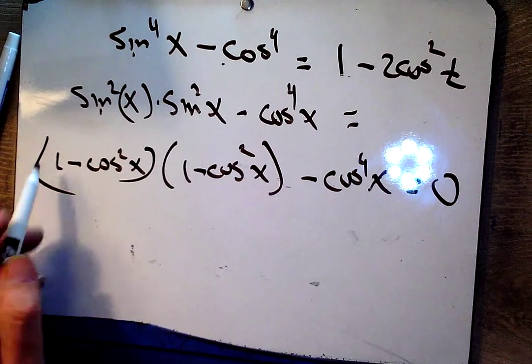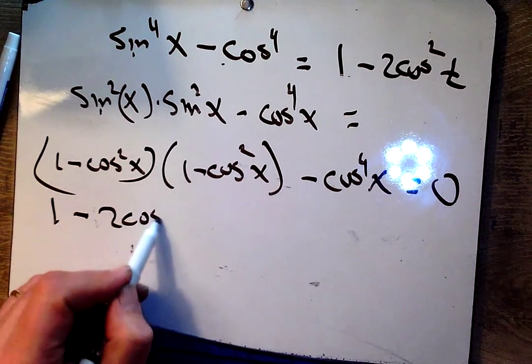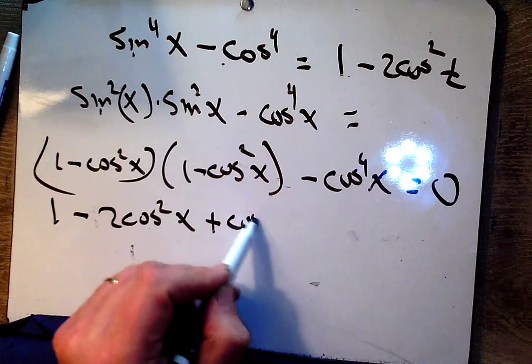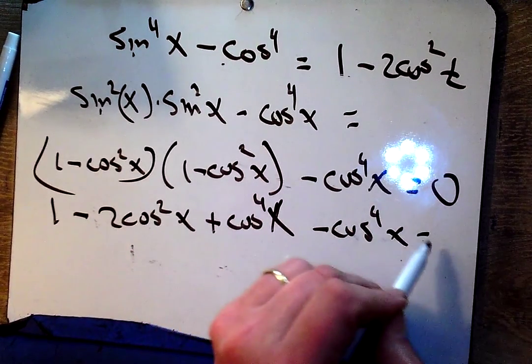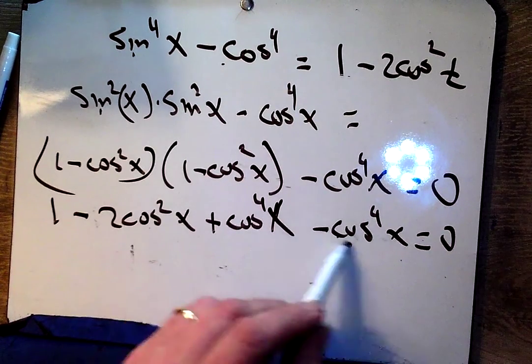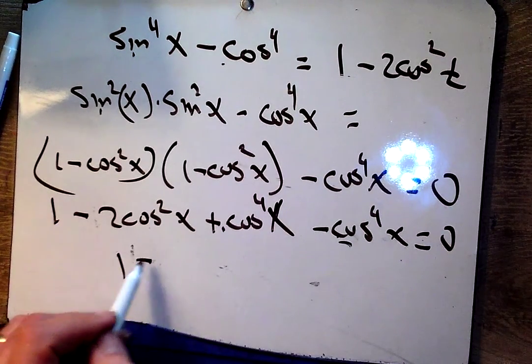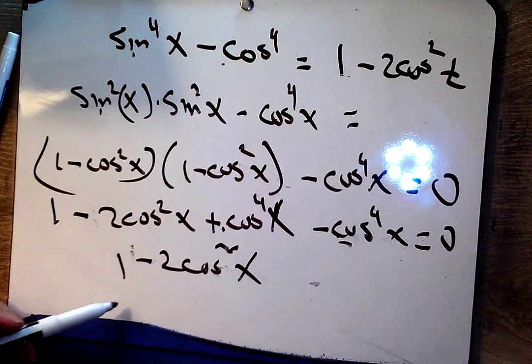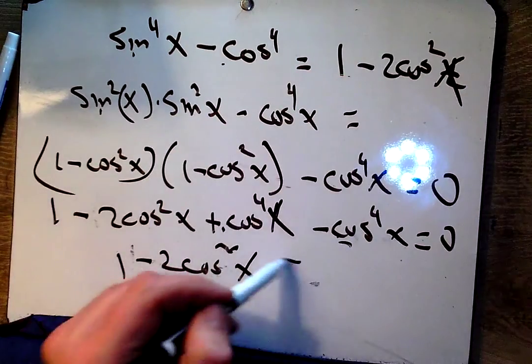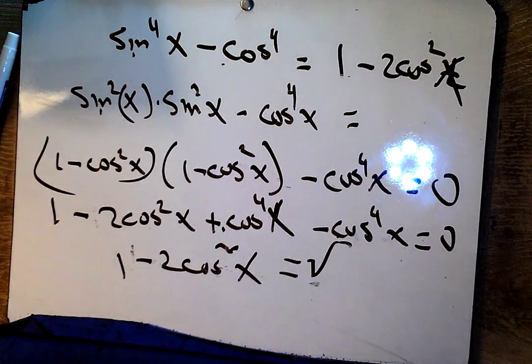If I do my foiling here, 1 minus 2 cosine squared plus cosine to the fourth minus cosine to the fourth. Well, look, those cancel. I'm left with just these. And that's what we were trying to make. And we're done. So lots of options here. Be comfortable with as many of them as you can.